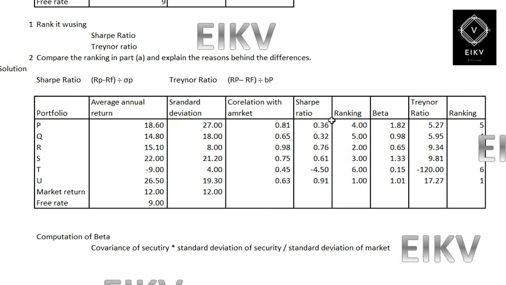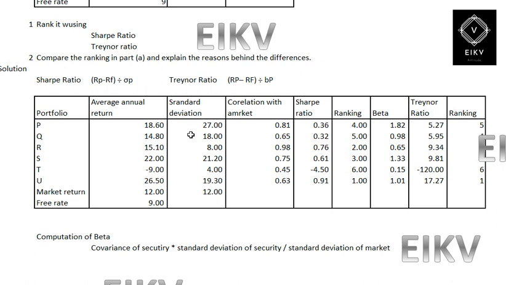Then we have the Sharpe ratio. So the Sharpe ratio would be RP minus RF divided by standard deviation. So RP would be return of the security, 18.6, minus risk free rate, 9, divided by standard deviation, and the first one would be 27.